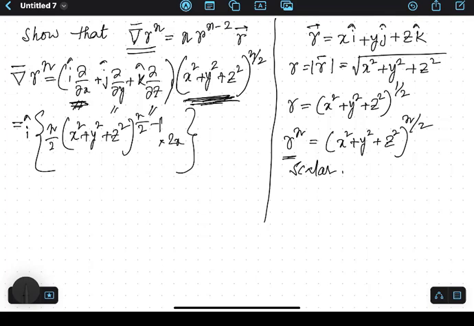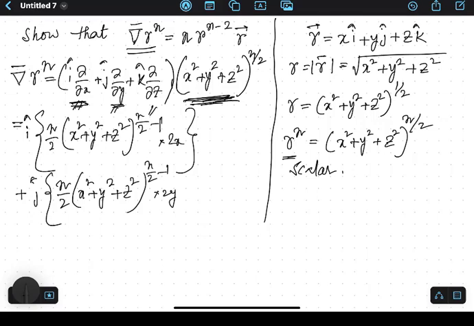So similarly, I will have for the del y, that is j cap, second bracket open, same thing, n by 2, x square plus y square plus z square to the power of n by 2 minus 1. But now I have del y operating on the whole bracket inside, x square plus y square plus z square. So x square will give 0, y square will give 2y, and z square will give 0.